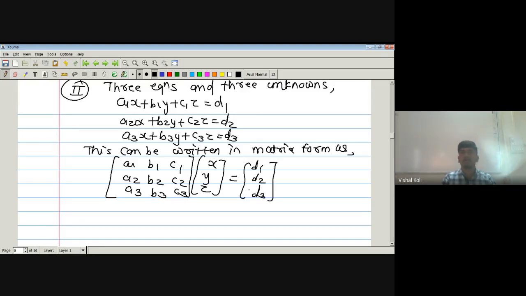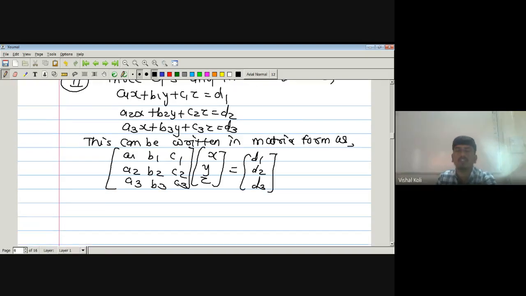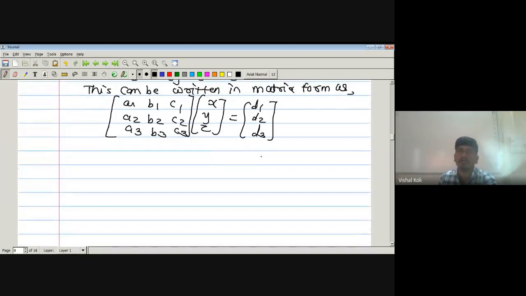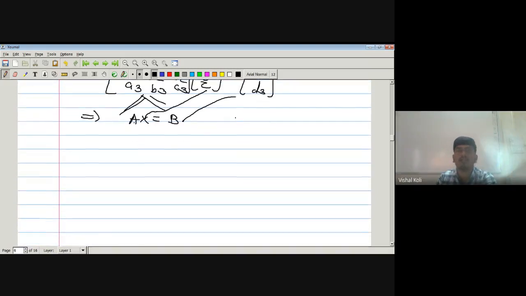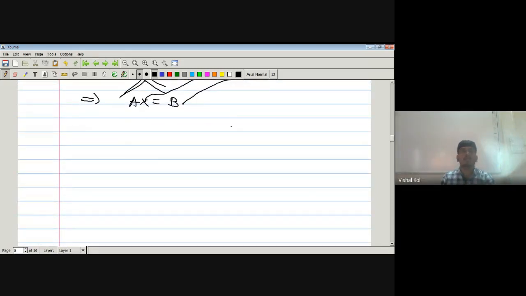If they are not all 0, the system is non-homogeneous. This is AX equal to B, where A is a matrix of order 3 by 3, this is A, this is X, and this is B. So if we have any system of linear equations with the same number of equations and unknowns, we can write it in the form AX equal to B.